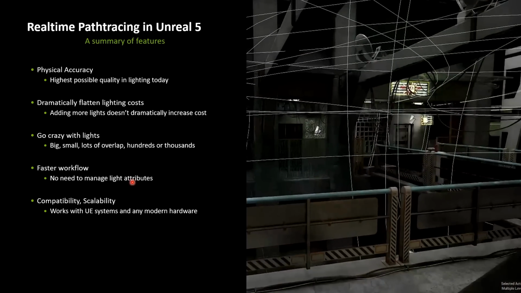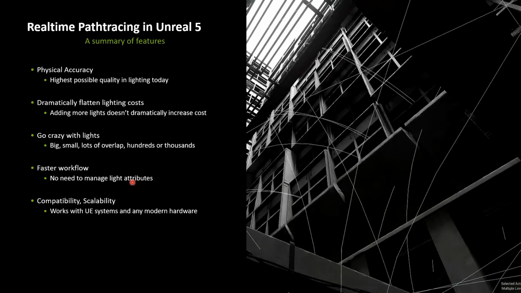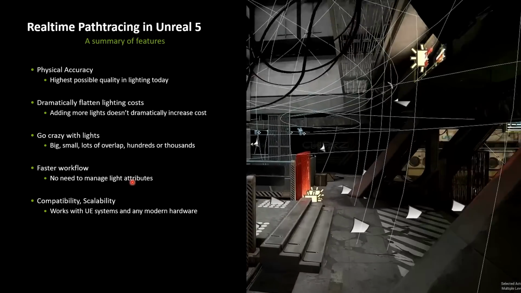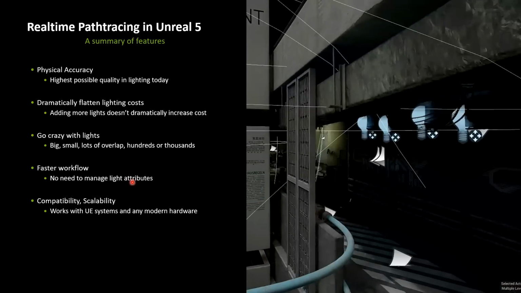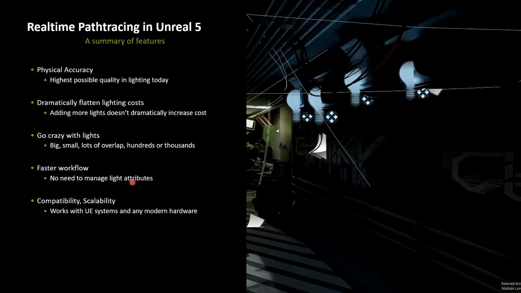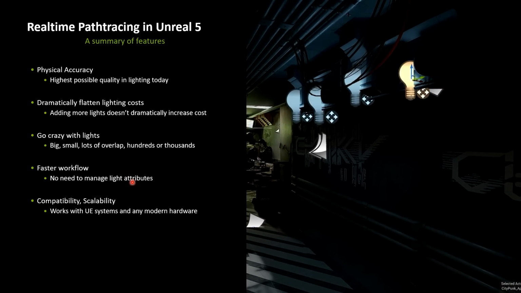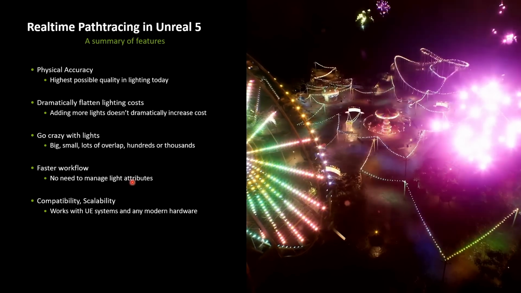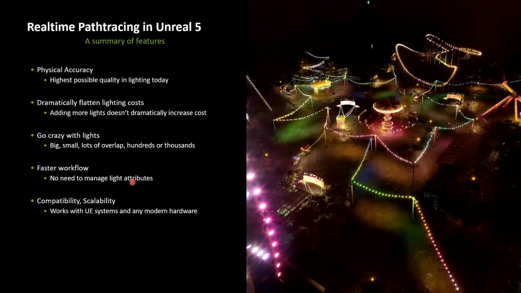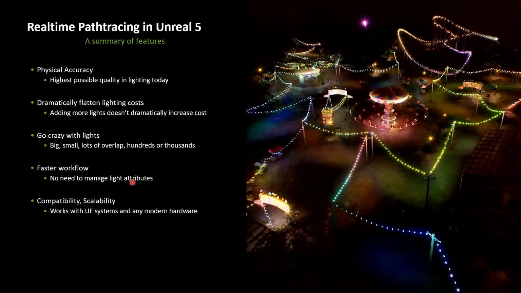We aim for compatibility and scalability with this technology. Compatibility in the sense that we're not doing anything in the NVRTX branch that requires RTX hardware specifically. It runs everywhere that ray tracing runs, which today is all modern hardware.